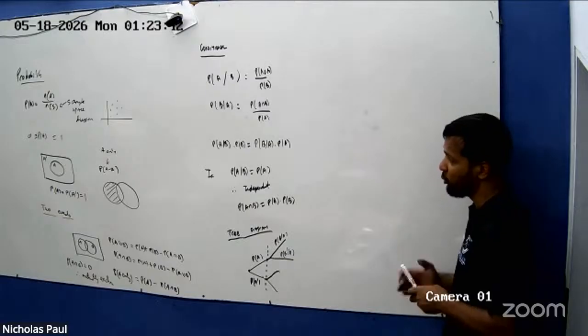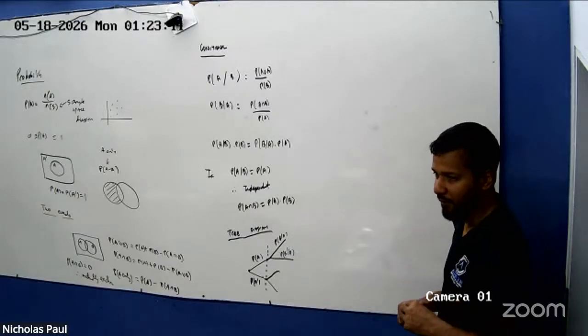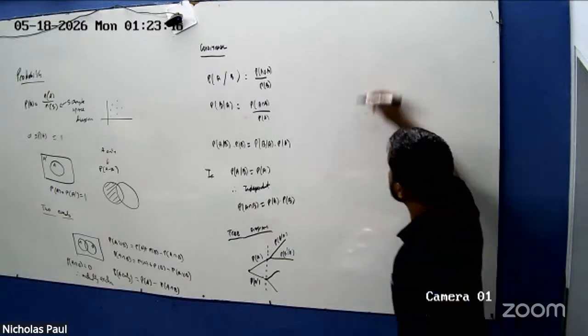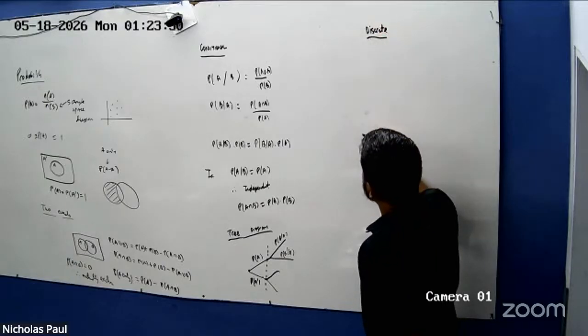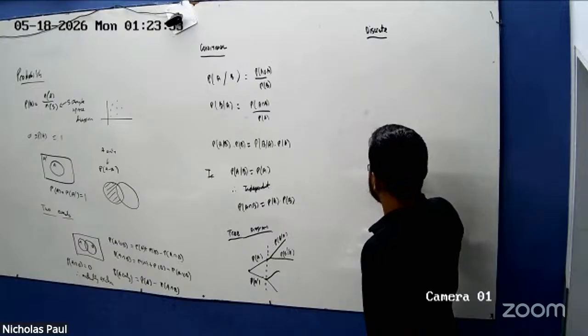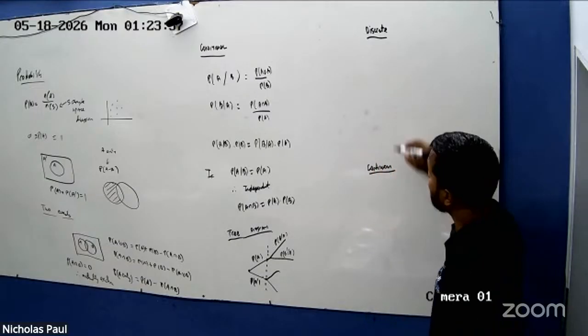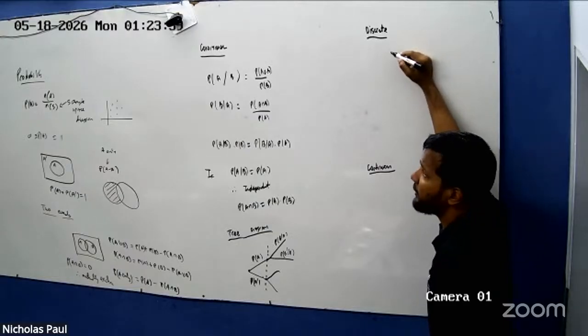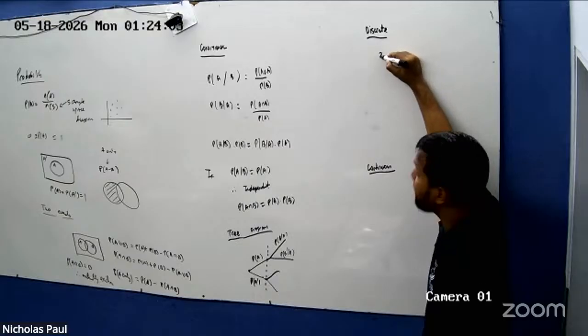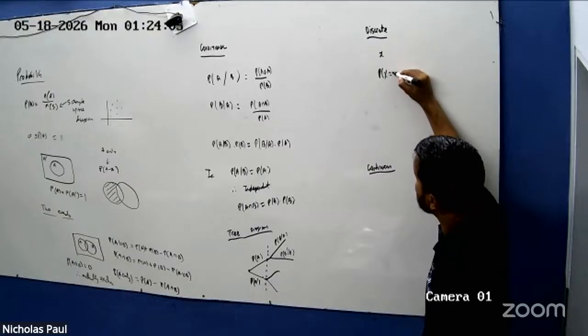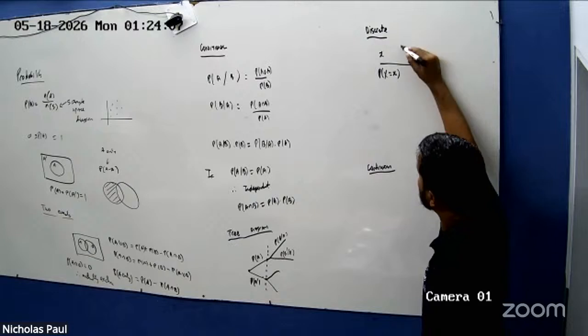What are the two types of variables that we're going to work with now? We have discrete variables and we have continuous. The way we generally represent discrete variables is using a table. So here will be x, and here's the probability of X equals x.